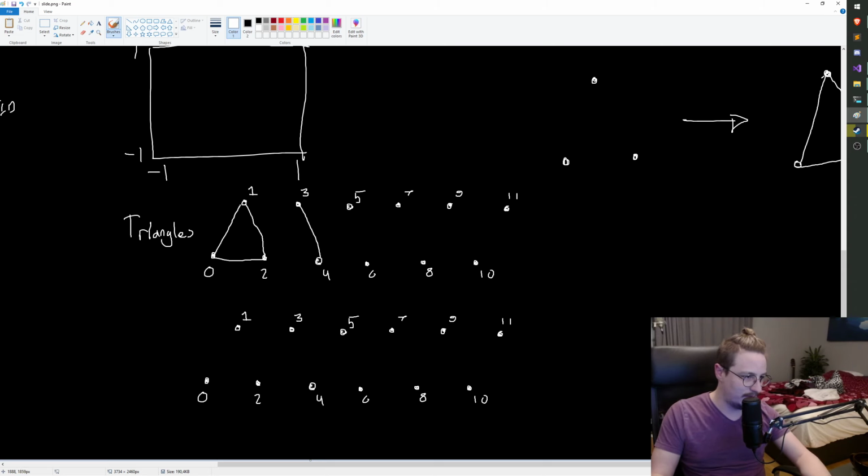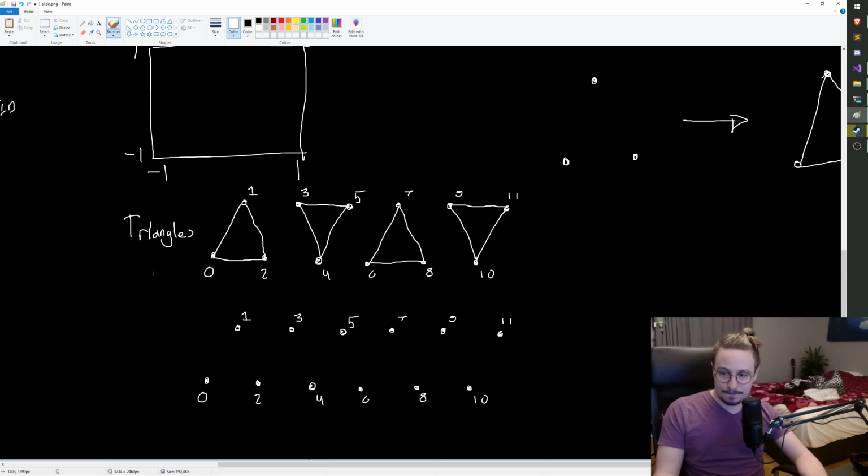Then it takes 3, 4, and 5, makes that a triangle, and then it goes to the next group. It's 6, 7, 8. And then 9, 10, 11 for the last triangle. So it just goes 0, 1, 2, triangle, 3, 4, 5, triangle, 6, 7, 8, triangle, 9, 10, 11, triangle. So it splits all the vertices up by 3, and each group becomes a triangle.